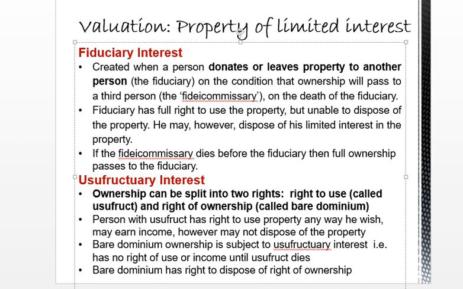Okay, so ownership is basically split into two rights: the right to use, called the usufruct, and the person with the usufruct has the right to use the property in any way he wishes. He may earn any income he wants from this property, but importantly, he may not dispose of this property, because the bare dominium has the right of ownership of this property.